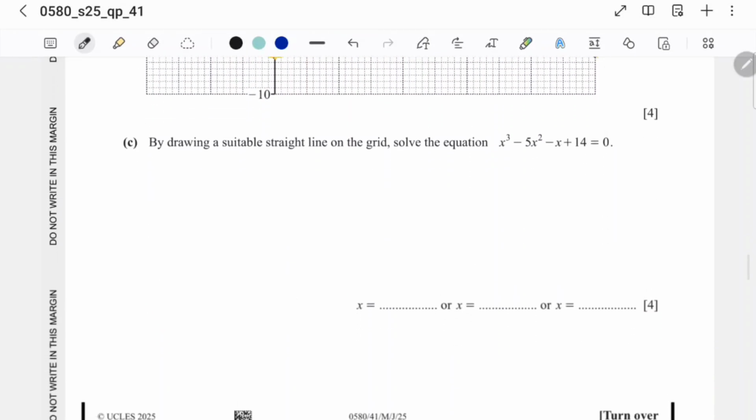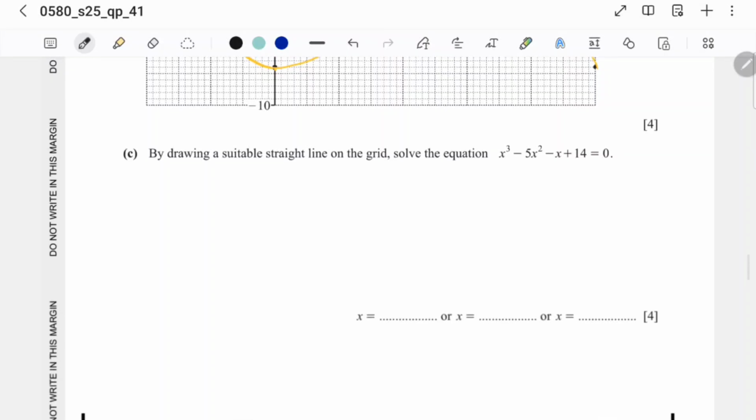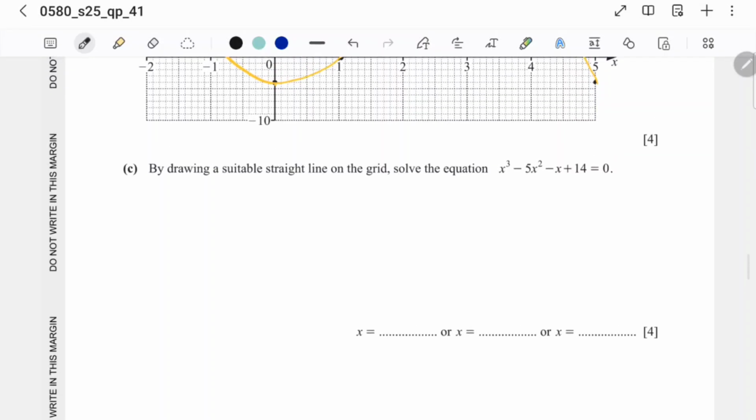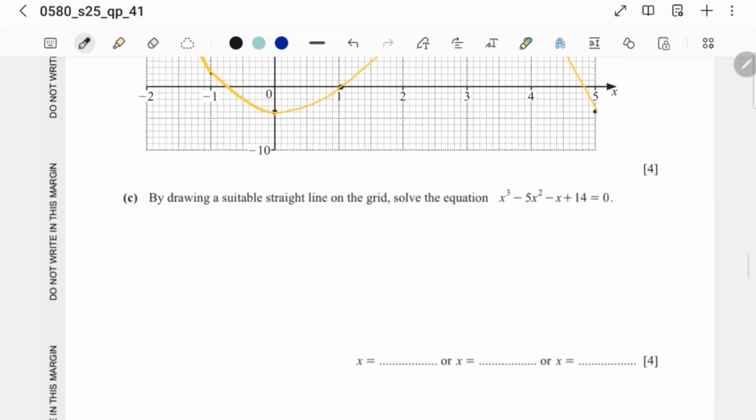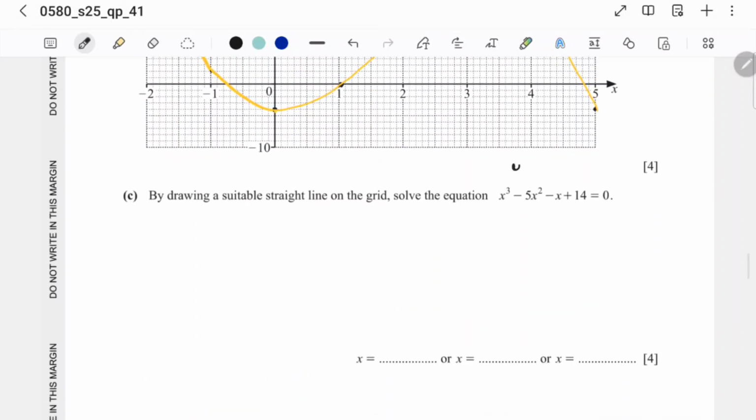Alright, so by drawing a suitable straight line on the grid, now we have to make it equals to y. So you know that y is equals to 5x square minus x cube minus 4. The question is x cube minus 5x square minus x plus 14 is equals to 0.